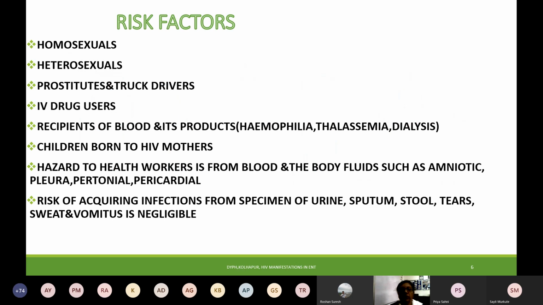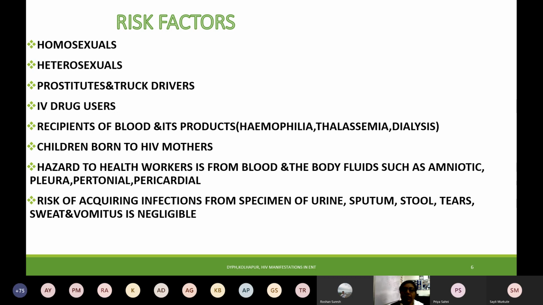The risk factors we see are homosexuals, heterosexuals, prostitutes, truck drivers, IV drug users, recipients of blood and its products, hemophilia, thalassemia, dialysis. In these cases we do blood transfusion, so that may be one of the causes. Also children born to HIV mothers.